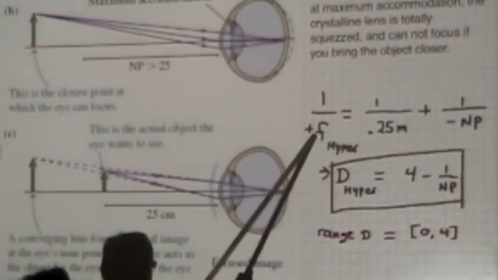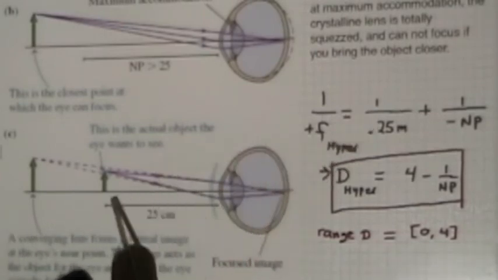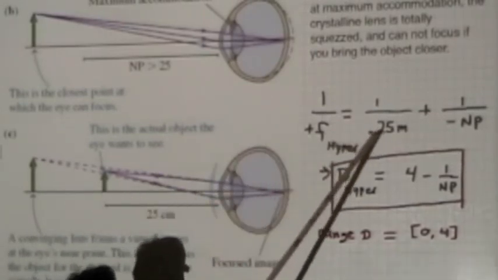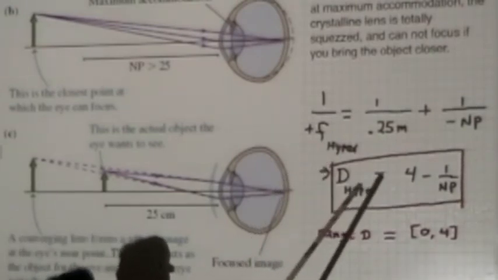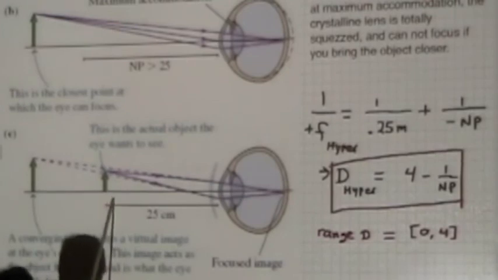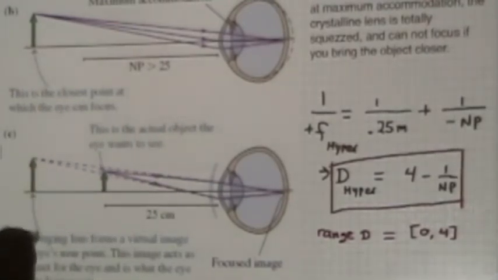So that's going to be a positive focal length, and the object placed at the near point of a normal person will have a distance to the lens of 0.25. And you want the image of that object to be formed at a distance that is equal to the near point of the hyperopic eye.